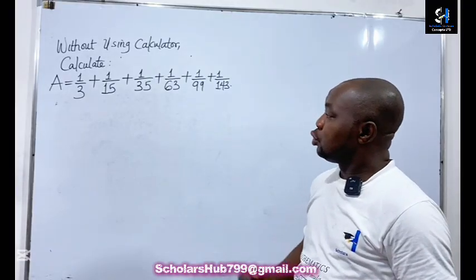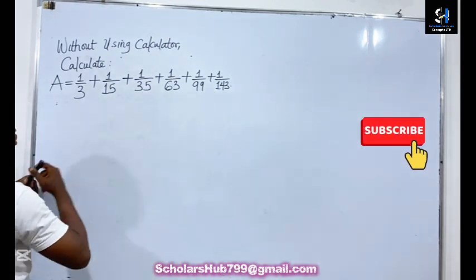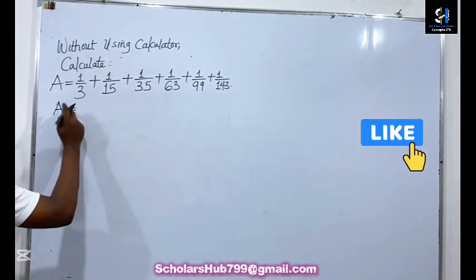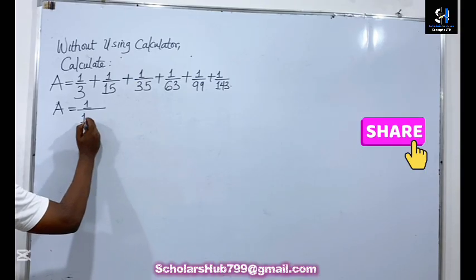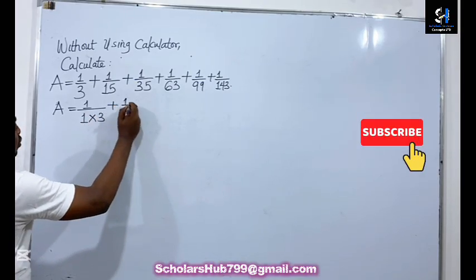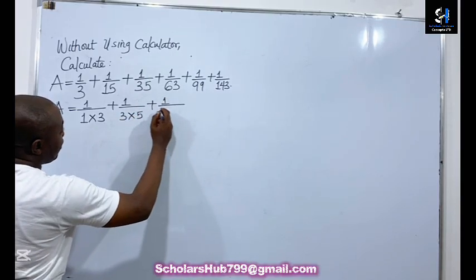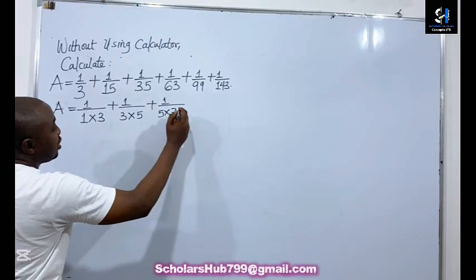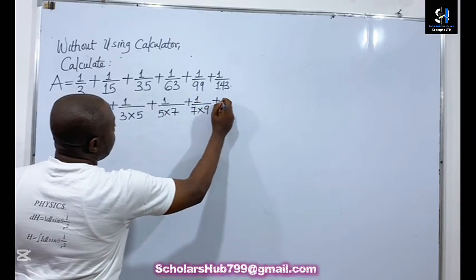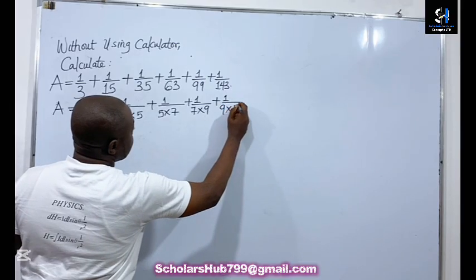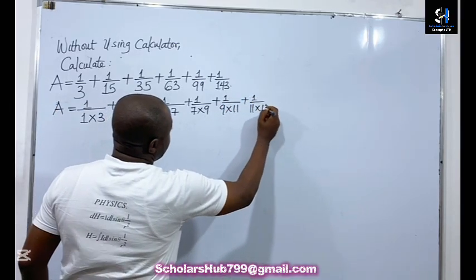If we follow the patterns in the denominator, we can rewrite this as A equals 1 over 1 multiplied by 3, plus 1 over 3 multiplied by 5, plus 1 over 5 multiplied by 7, plus 1 over 7 multiplied by 9, plus 1 over 9 multiplied by 11, then plus 1 over 11 multiplied by 13.